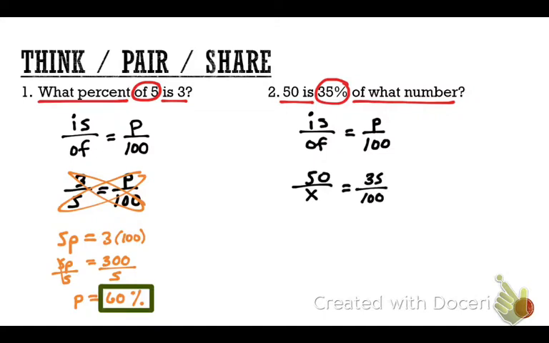Now I'm going to warn you, this one is a little tricky. It's not going to come out as a whole number, okay? I want you to round it to the nearest tenths place, okay? Try to do it on your own. The way you're going to have to do this one is with cross products.